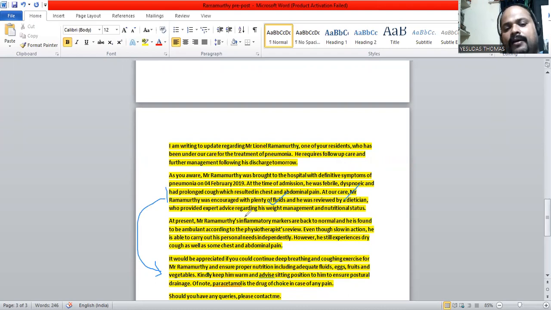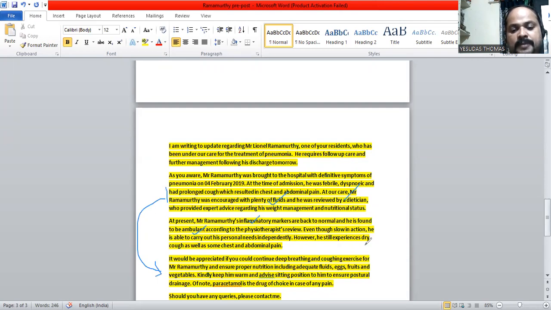After our care, at present, his inflammatory markers are back to normal. He is found to be ambulant according to the physiotherapist review. Even though his action is slow, he is able to carry out his personal needs independently.